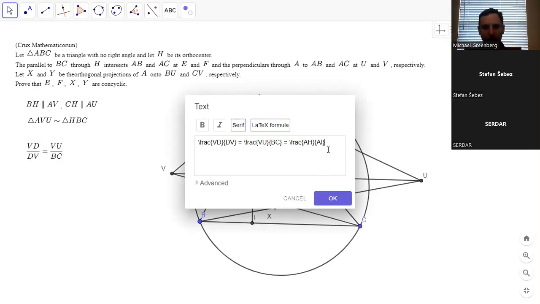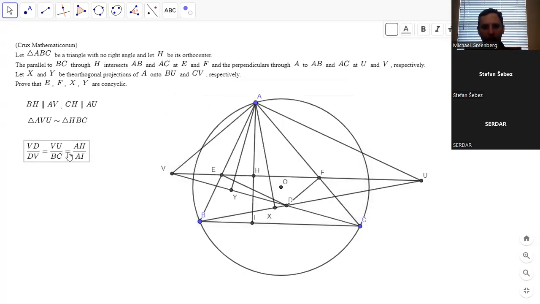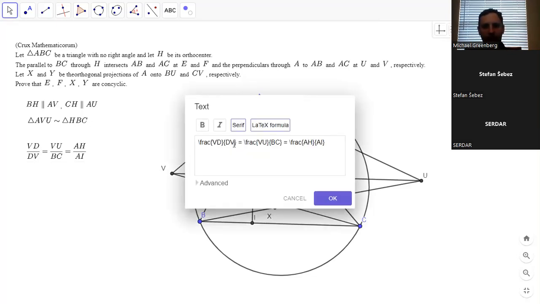You have a typo in the first thing, VD over DC. And I think this should be AH over HI.